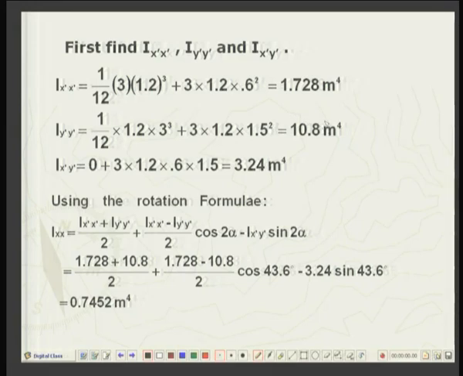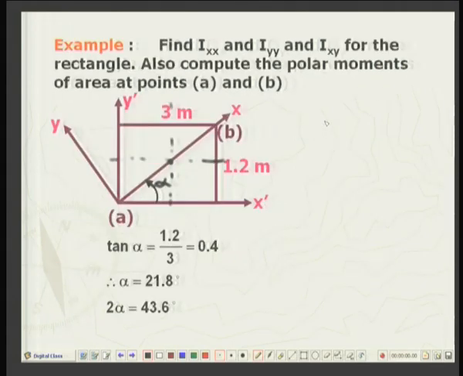Now, for the product of area, the axes passing through the centroid of the rectangle are symmetry axes. Rectangle is after all a symmetric body or figure about the central axes. So, we have already seen that if the axes are passing through the centroid, then the product of area terms are 0.